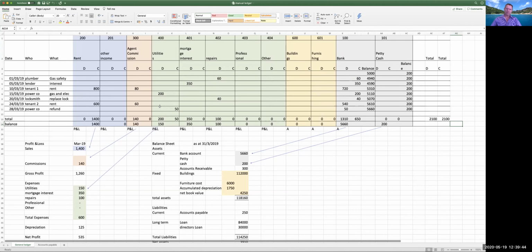how does that then reflect itself in the reports that we want to do? Because back in the old days, we had to actually generate those reports ourselves by getting another piece of paper and adding up these accounts and actually writing them into the right, what I call address on each of the reports.